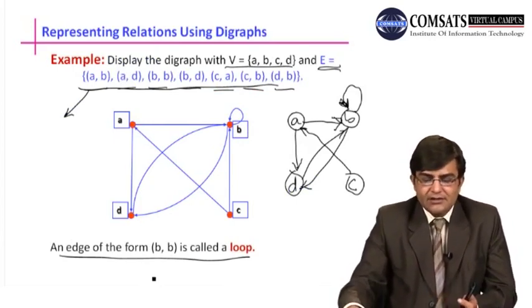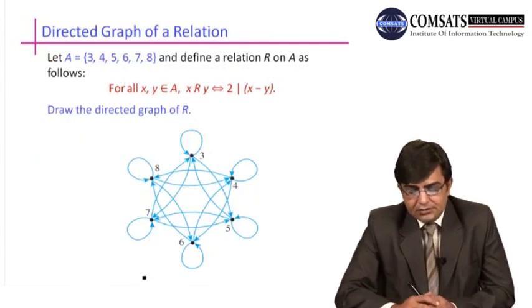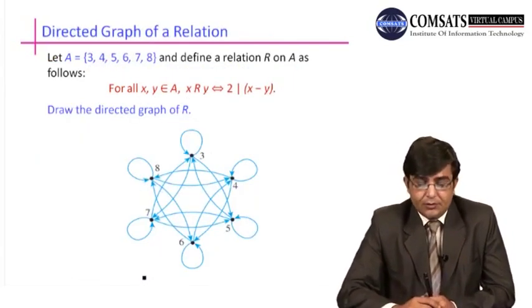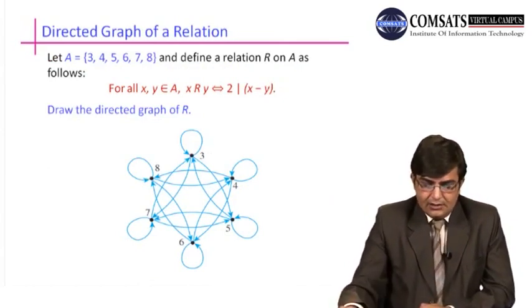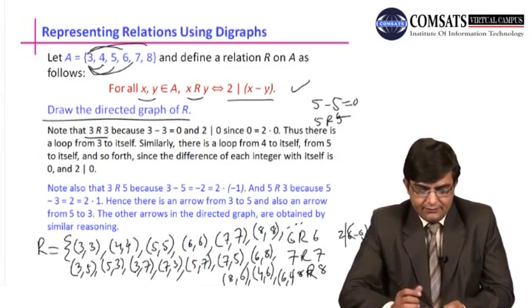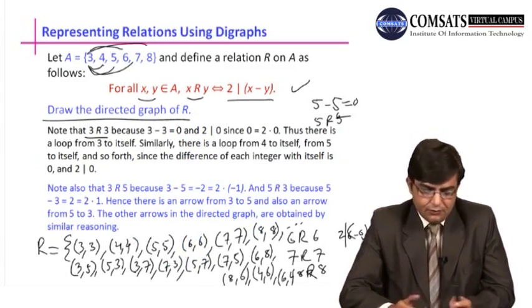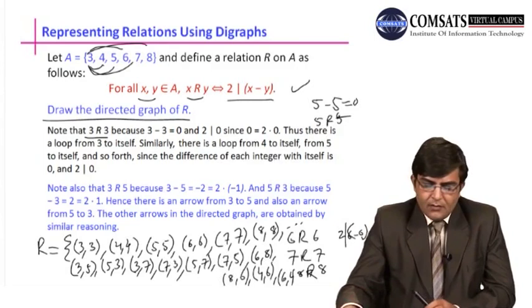If we have more elements, then just write them in some order, just to draw the appropriate graph. Now we have seen that every element is related to itself, meaning 3 is related to 3, 4 is related to 4, 5 is related to 5, 6 is related to 6, 7 is, and so on.